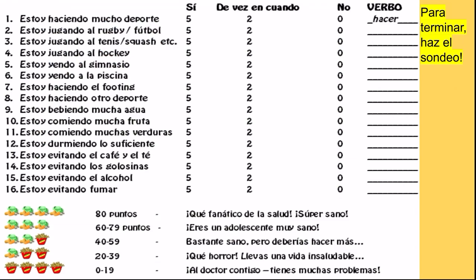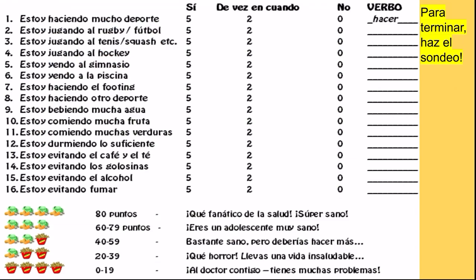So you're going to decide, is it sí, you always do lots of sport, which is 5 points, de vez en cuando, which is sometimes, which is 2 points, or no, which is 0 points. And I also want you to see if you can put the verb in. So what is the verb in that sentence? Well, estoy haciendo, I am doing. And haciendo comes from the verb hacer, which means to do. So you're also going to see as an extension if you can put in the verb.